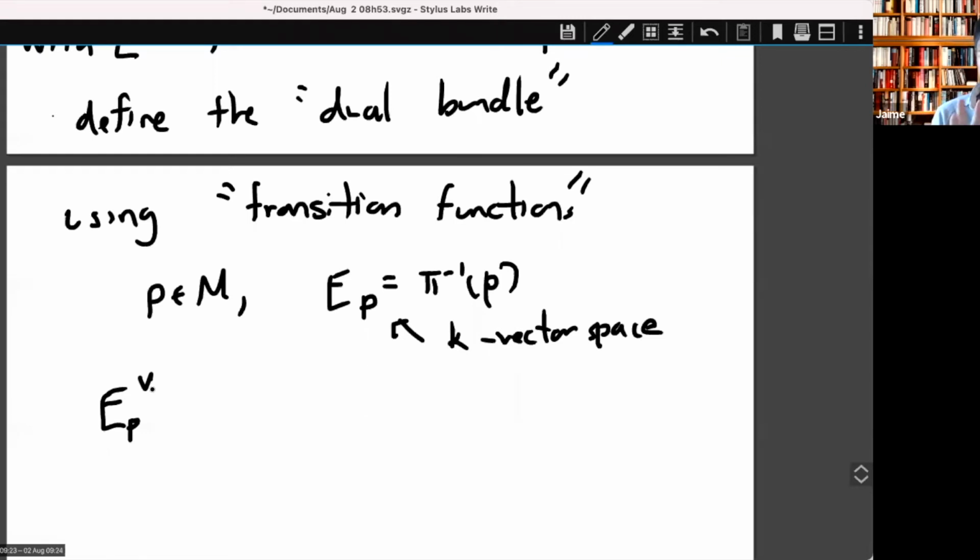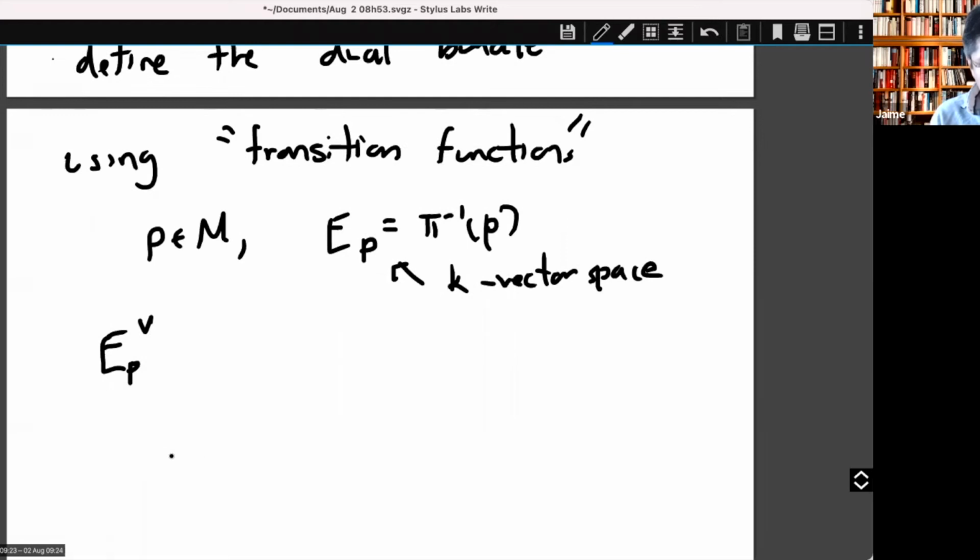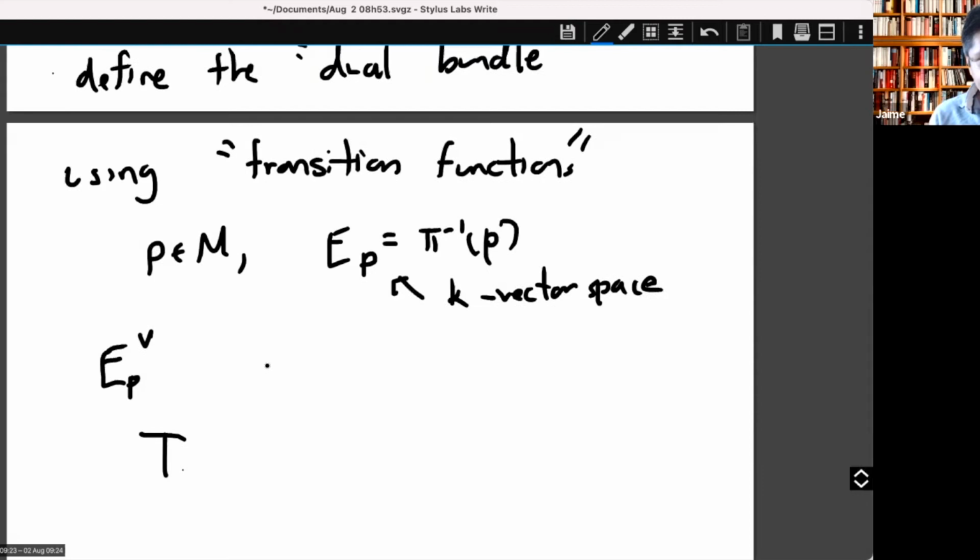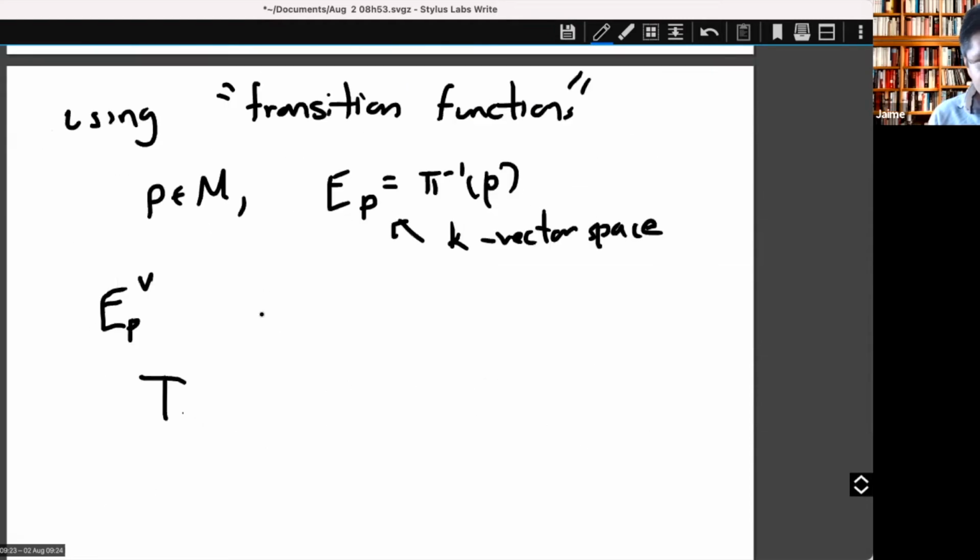I'm gonna repeat the same definitions for the complex case, so I'm not gonna stop in this part now, but we will see this again. So the point is that we can construct the vector bundle associated to, let's say, we usually, the vector bundle is not only E, but also the map.